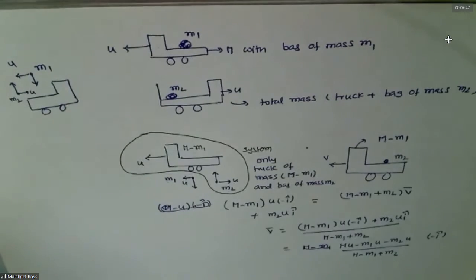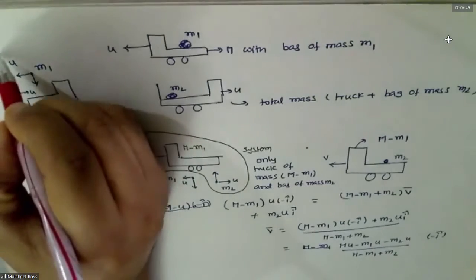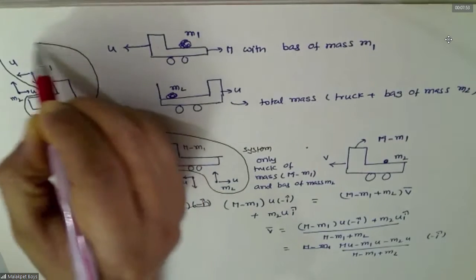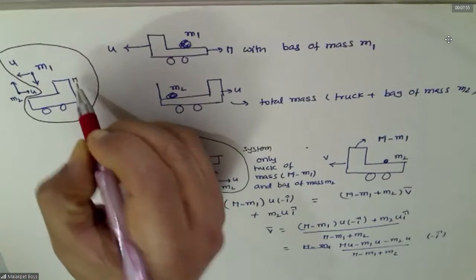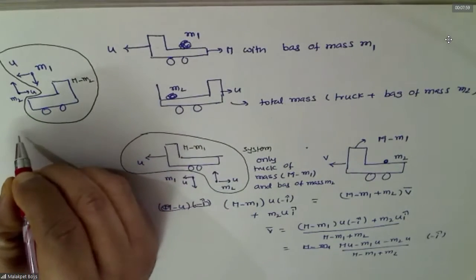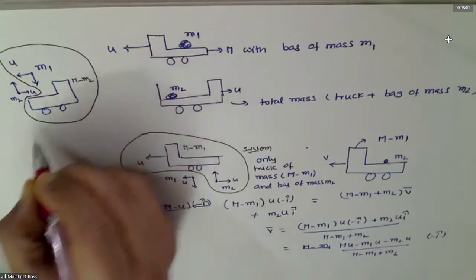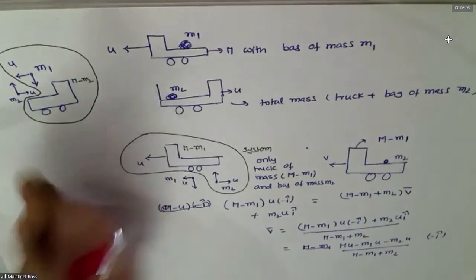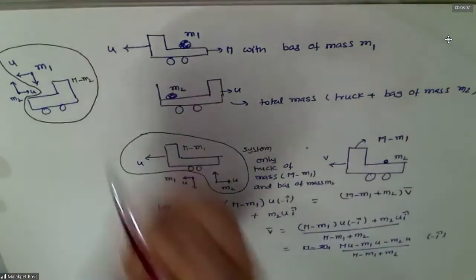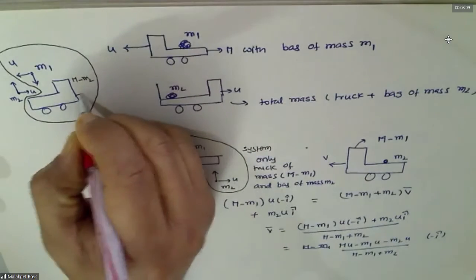Now what is coming over here? M1. So that one plus the truck. Now the truck has a mass of how much? M minus M2. So you have this just before, at the instant of throwing, it is having a velocity this side.